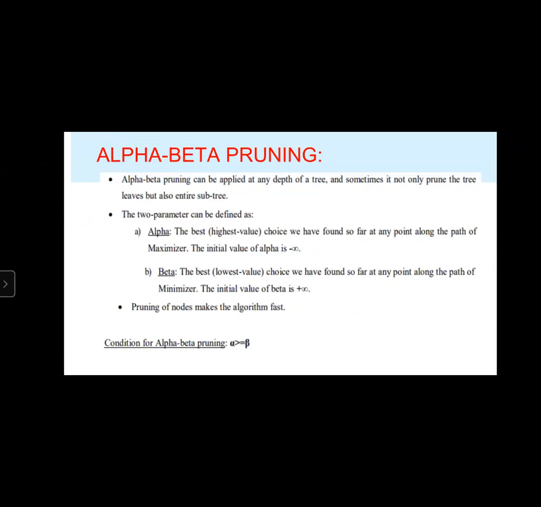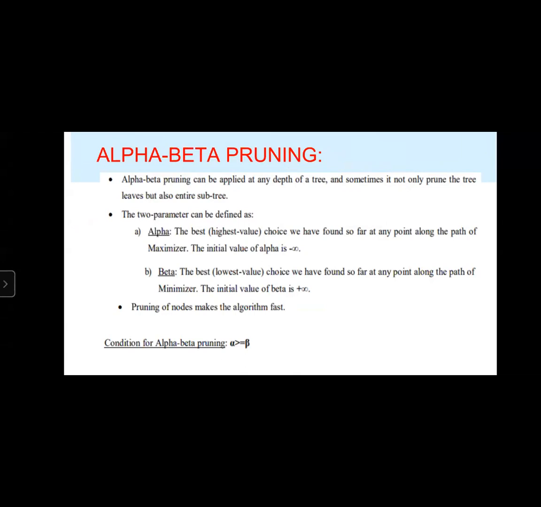Step 1: alpha beta pruning can be applied at any depth of a tree. Sometimes it prunes not only the tree leaves but also entire subtrees. Step 2: the two parameters are defined as alpha and beta.